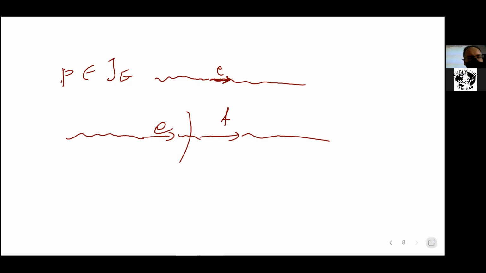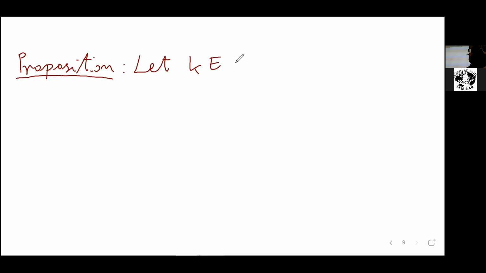And now, finally, we can phrase the proposition which Anya will prove today. The proposition is as follows. Since this is the radical area, I assume that my path algebra is unital.